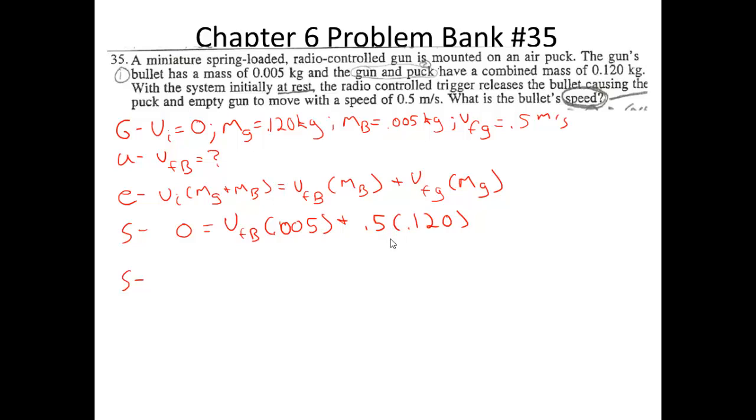Solving, 0.5 times 0.120 should be 0.06. Negative 0.06 is equal to final velocity of the bullet multiplied by 0.005, divided by 0.005, cancel that out.